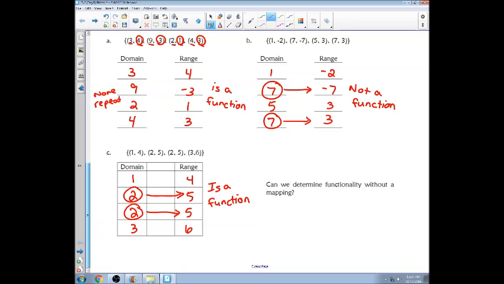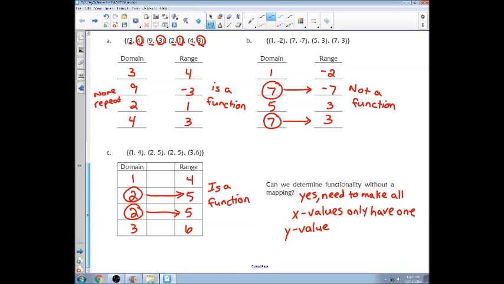Can we determine functionality without a mapping? Yes, we can. We just need to make sure all x values only have one y value.